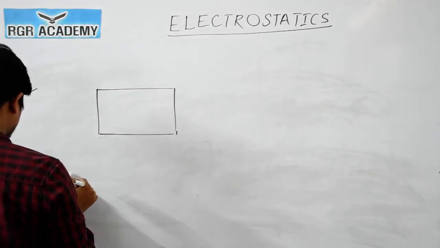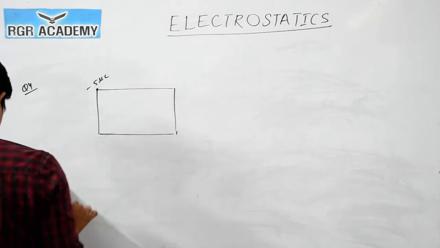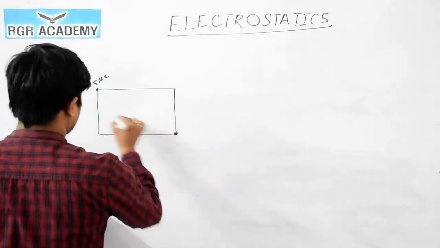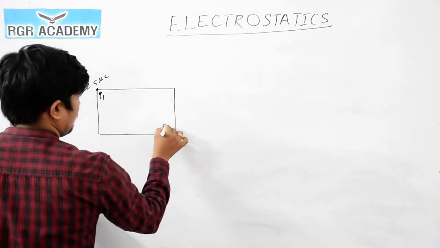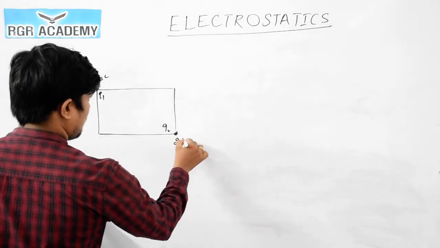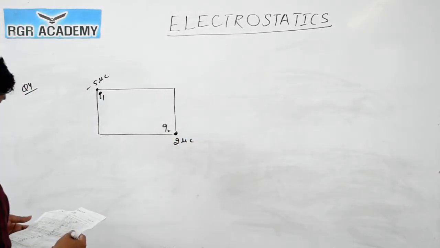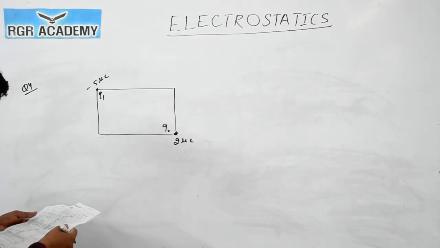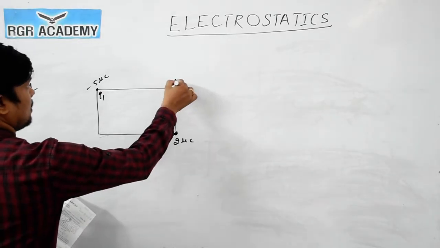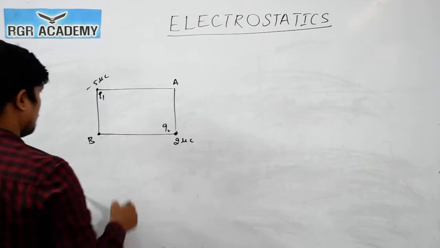The charge q1 is minus 5 microcoulomb and q2 is 2 microcoulomb, and here the charge is also 2 microcoulomb. Clear? The work done in moving a charge of 3 microcoulomb from B to A. This is the vertex A, this is B. So we have to move a charge of plus 3 microcoulomb from this point to this point.